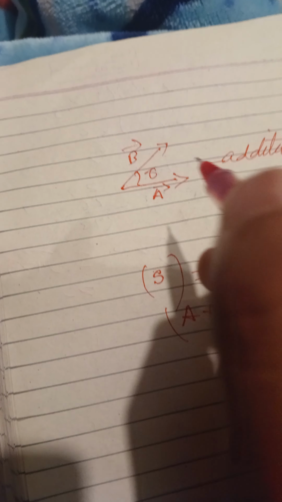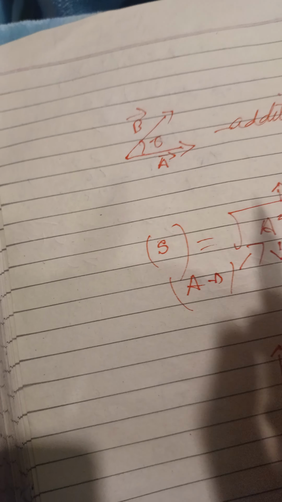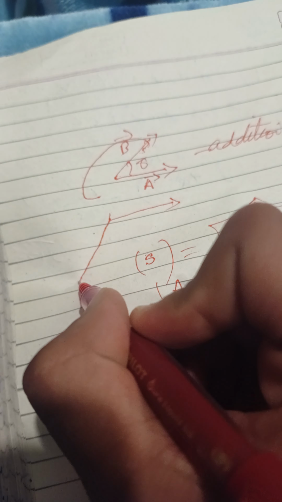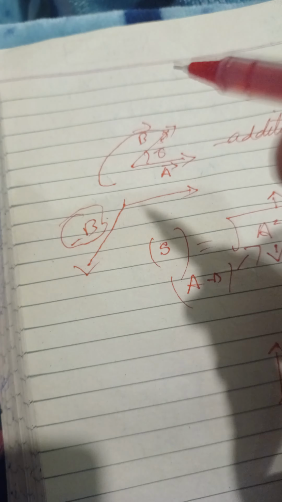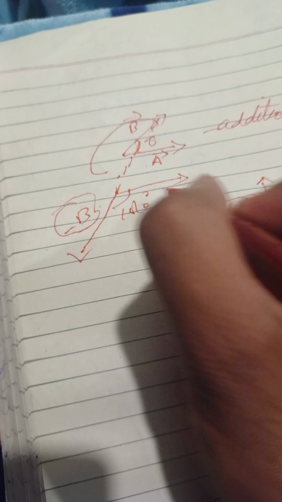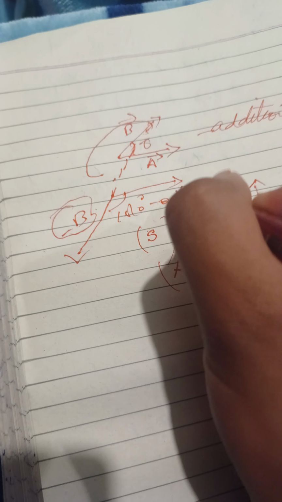But what actually happens in vector subtraction is that we reverse the direction of one vector. Suppose this was the a vector and this b vector, I will reverse the direction. It will be like this. When I did this, its direction became opposite, that's where the minus sign came. The angle now will be 180 minus theta, and this will be the a vector.